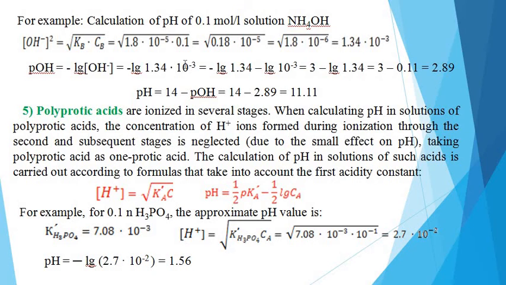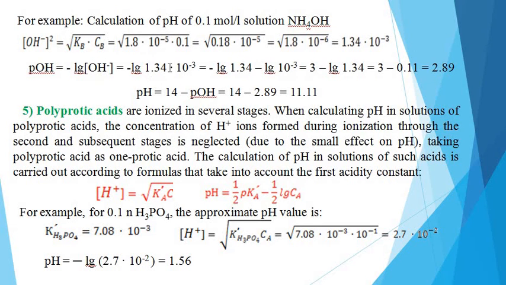For example, the calculation of pH of a 0.1 mol/liter concentration ammonium hydroxide solution. Knowing the formula above, we find the concentration of hydroxide group. It is found from the known formula, and we find 1.34 multiplied by 10 to the minus 3, and we find pOH, which is equal to the inverse logarithm of the concentration of OH group.